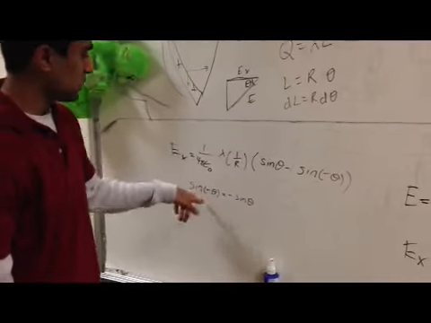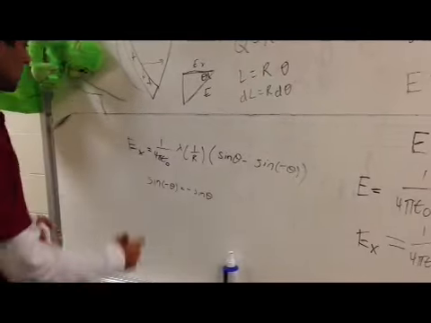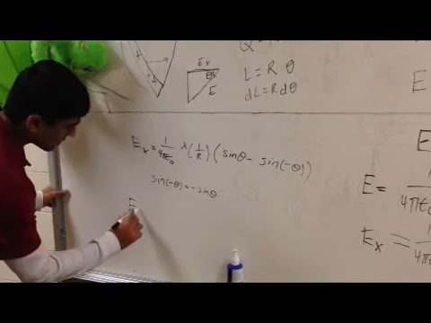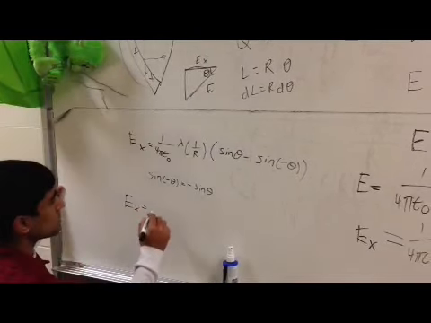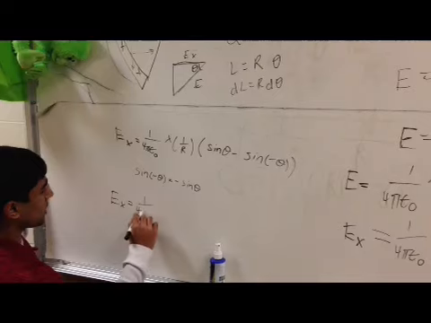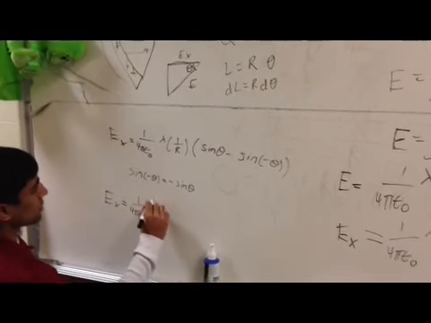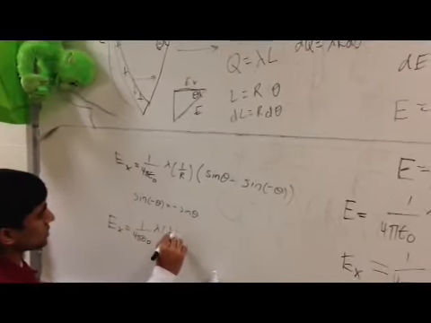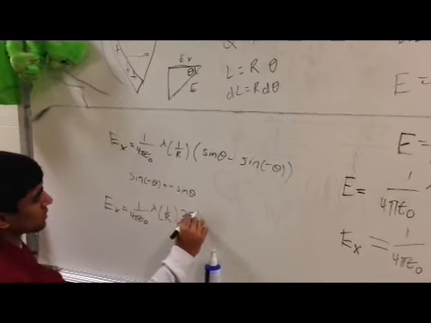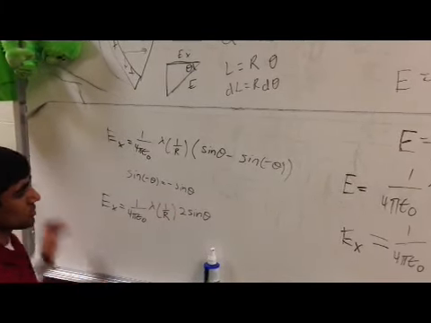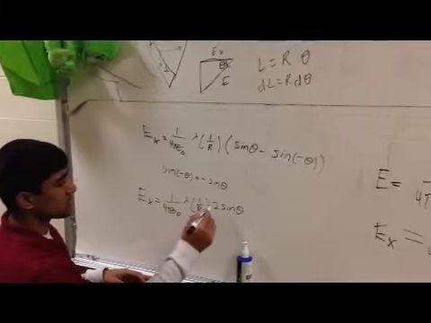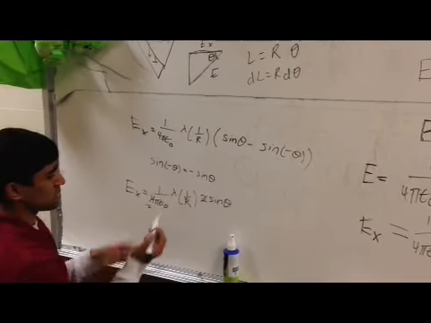So if we substitute this back in here, we get our final answer of 1 over 4 pi epsilon naught lambda times 1 over r times 2 sine theta. And we can simplify this, but that's basically it.